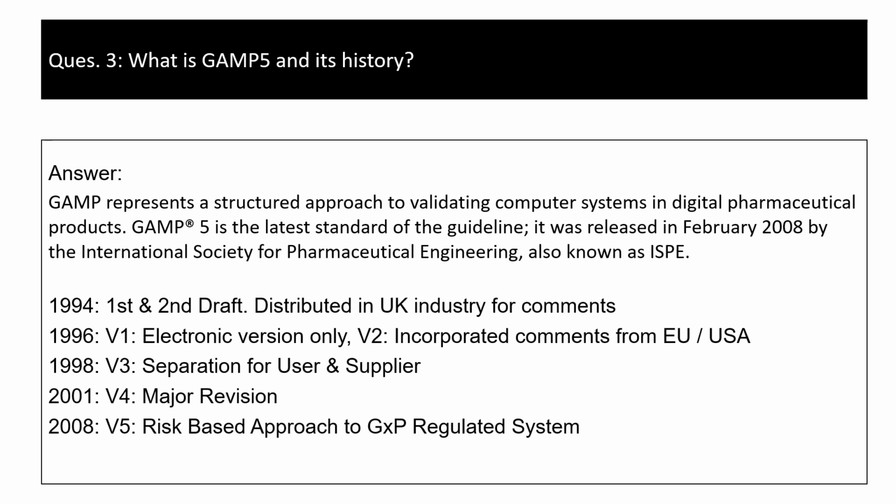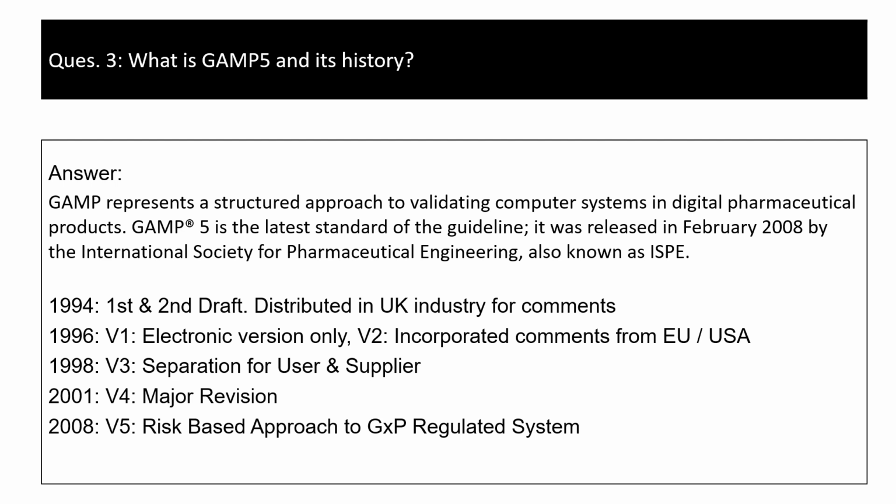So the history: in 1994, the first and second drafts were distributed in the UK industry for comments. In 1996, version 1 and version 2 were published. Version 1 was an electronic version and version 2 incorporated comments from the EU and USA markets.